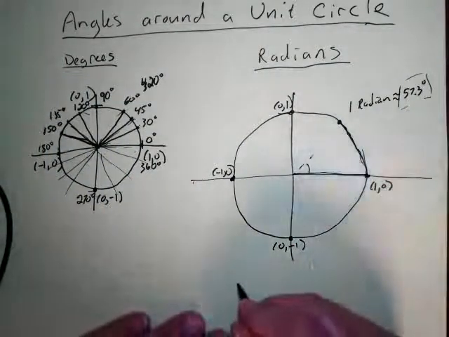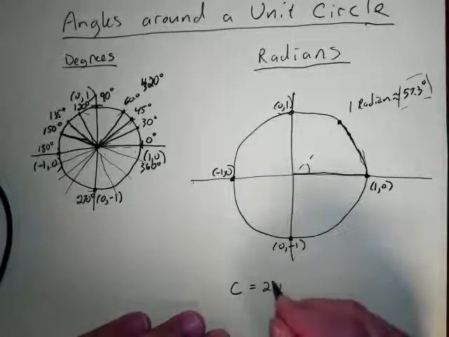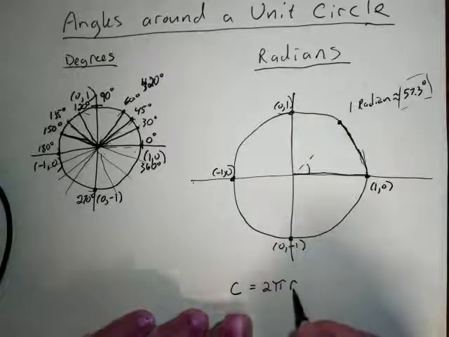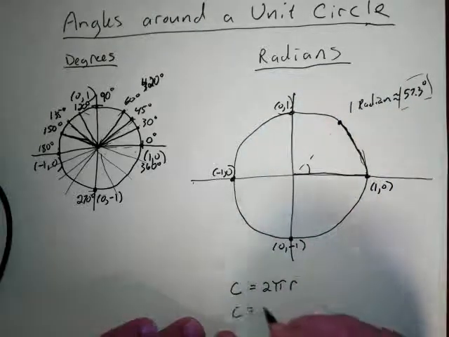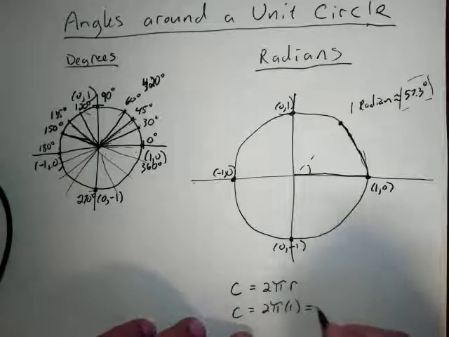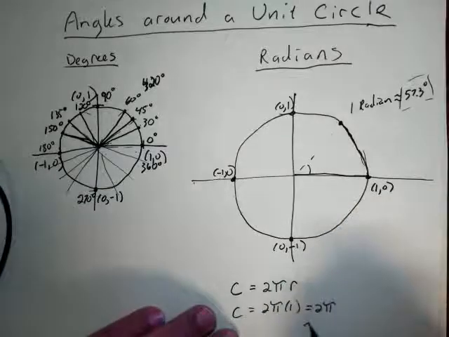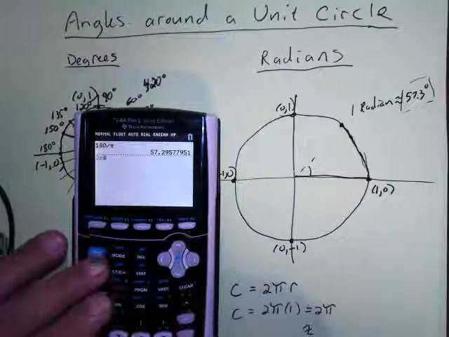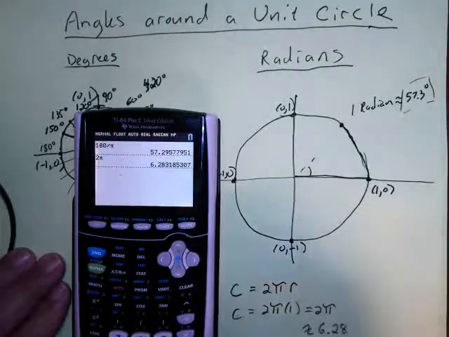If you take the circumference of a circle, this is equal to 2 pi r. So 2 pi times the radius of a circle gives you the circumference. If our radius is 1, it'd be 2 pi times 1, and that would just equal 2 pi. And 2 pi is approximately, I'll round to 2 decimal places, 6.28.